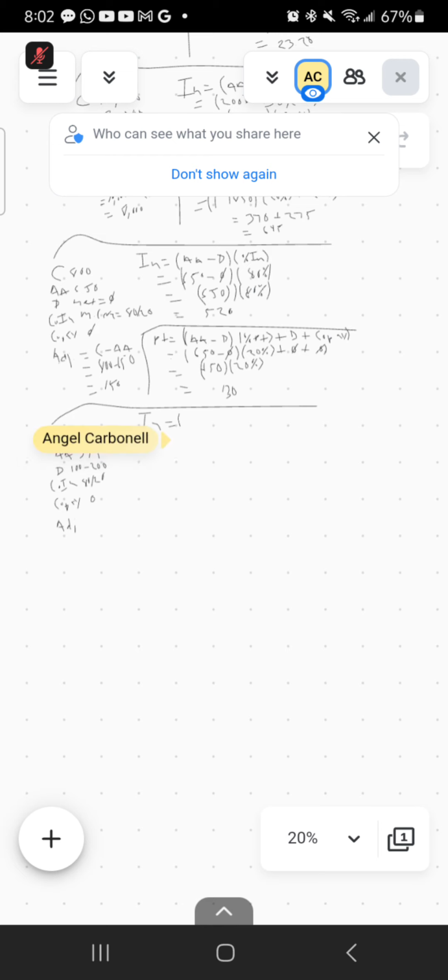The insurance will pay the allowed amount minus the deductible times the percentage for the insurance. So you go, okay, my allowed amount is $375. Deductible, wait, that's not 100, that's 1,000. So in the question it says the patient had a $1,000 deductible and they paid $200. So you have to calculate that deductible. 1,000 minus 200 is 800.